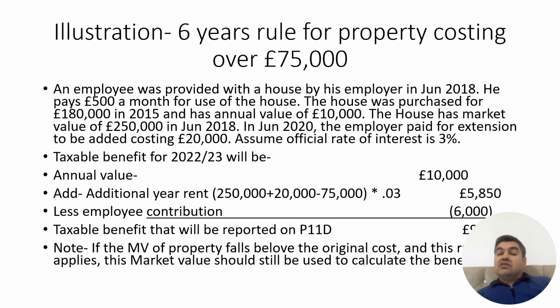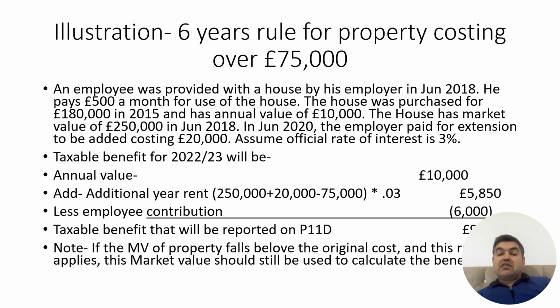In this case, the starting point is the annual value and then the additional yearly rent. You can see the house has been owned by the employer for more than 6 years. So make sure that you pick up the market value plus any additional extension, then minus 75,000, which is the baseline, multiply by 0.03, and then deduct any employee contribution.